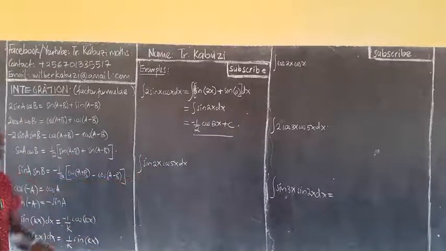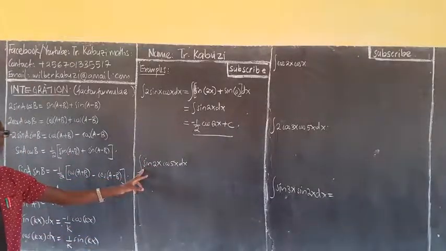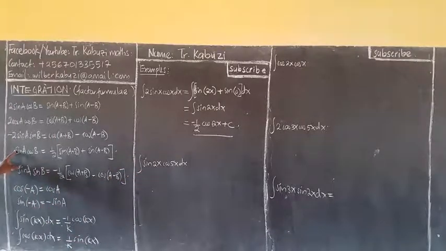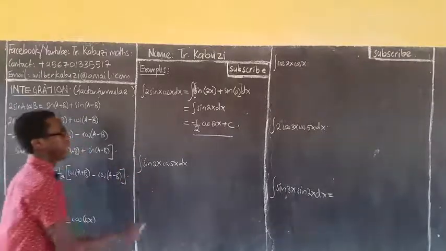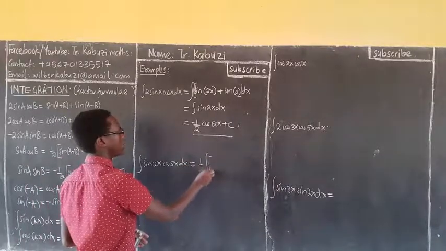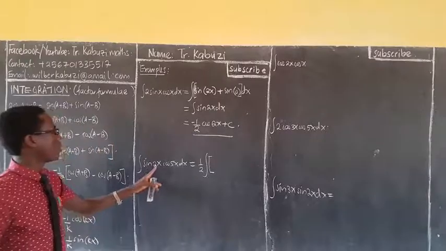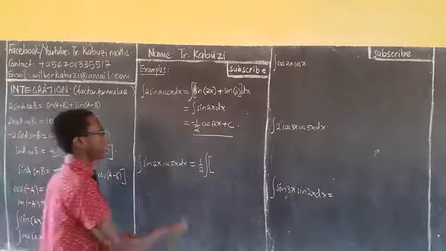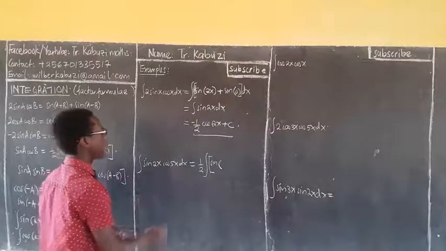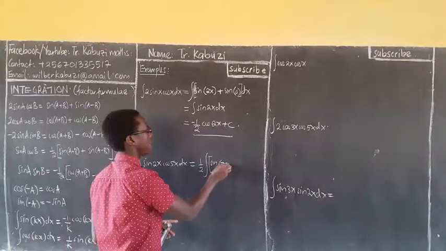When I come to this, my 2 is missing. If my 2 is missing, I start by creating a half on the other side. So this will be a half into the integral. Now you add the angle: sine of 2x plus 5x, that gives me 7x.